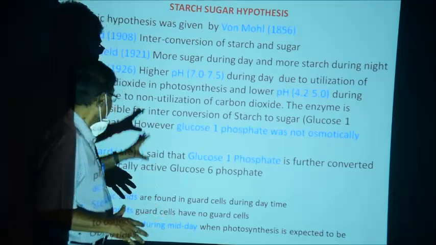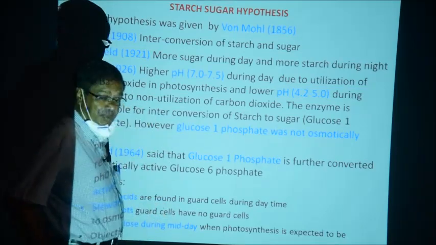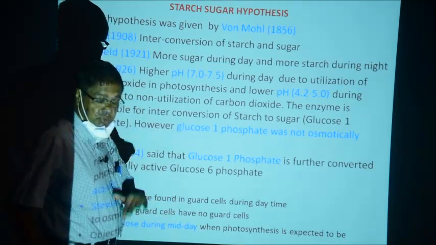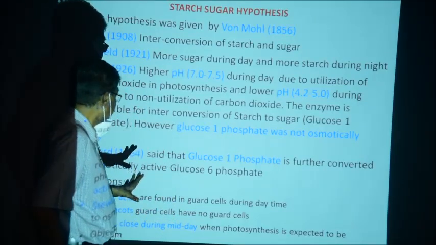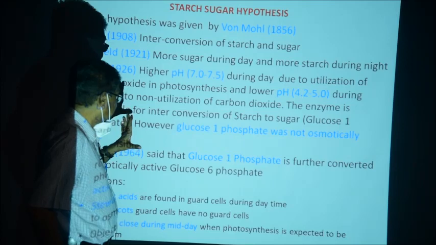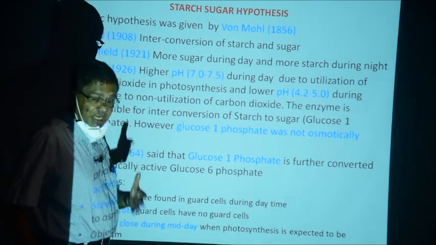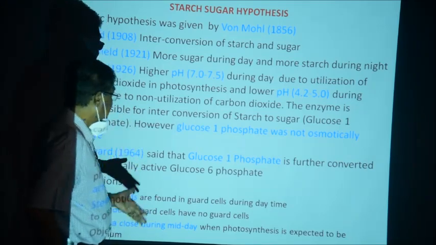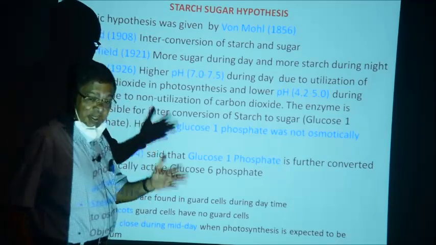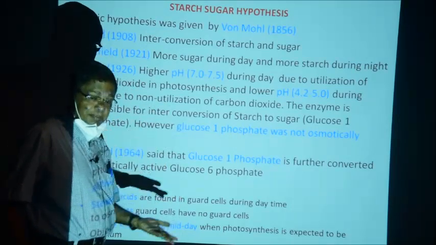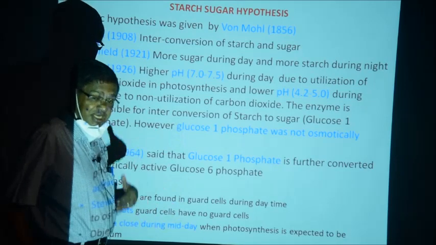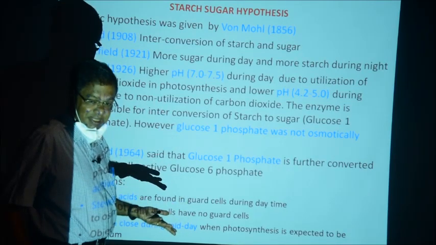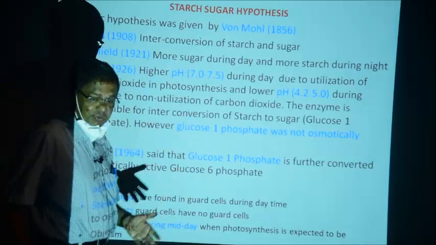This shows that the conversion of starch to sugar and sugar to starch is dependent on pH, and it is believed that during the day the carbon dioxide produced in guard cells is utilized in photosynthesis for preparation of food.